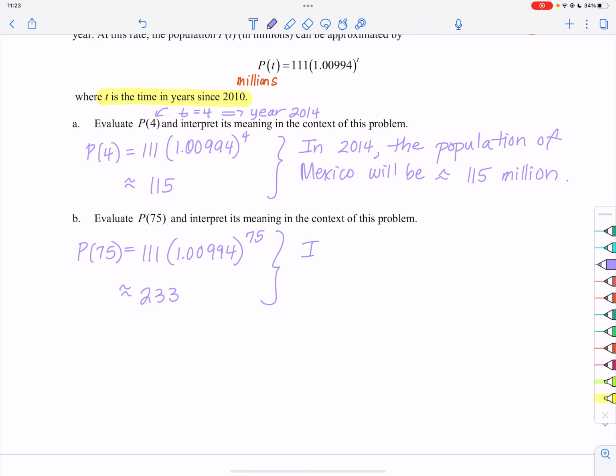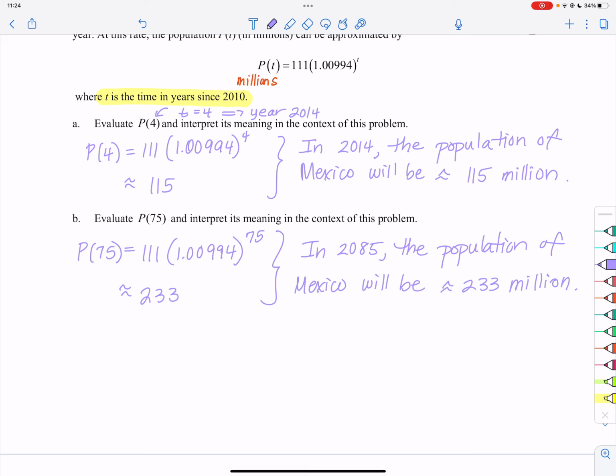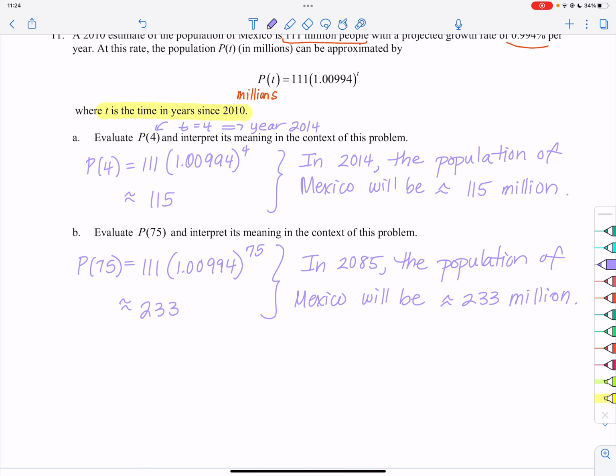So in context, we have in year 2085, the population of Mexico will be approximately 233 million. And that concludes this section.